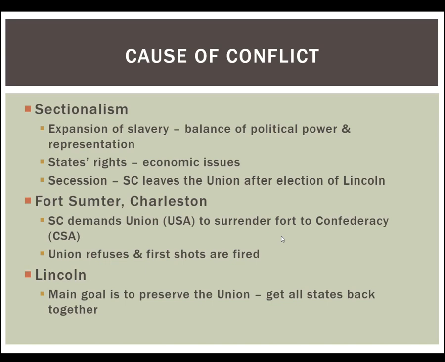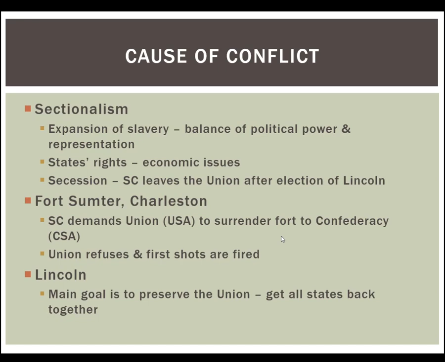Once South Carolina seceded, meaning it is leaving the United States of America to create its own country, it claims that all federal property in South Carolina must be turned over to South Carolina. The first event with this is Fort Sumter in Charleston. South Carolina demands that the Union, the United States, surrenders the fort to the Confederacy, to South Carolina. The Union refuses, and the first shots are fired in the war, beginning the conflict.